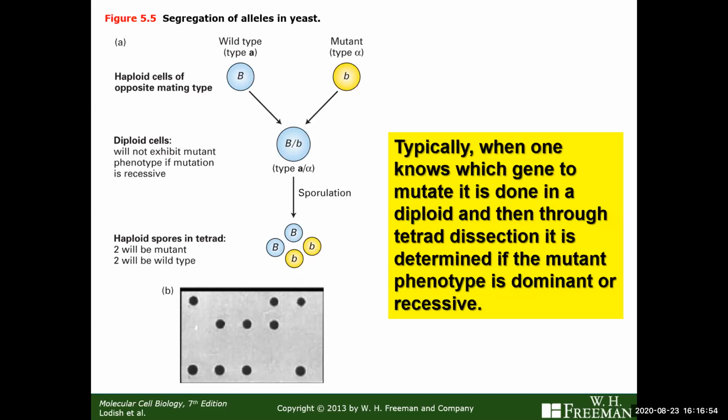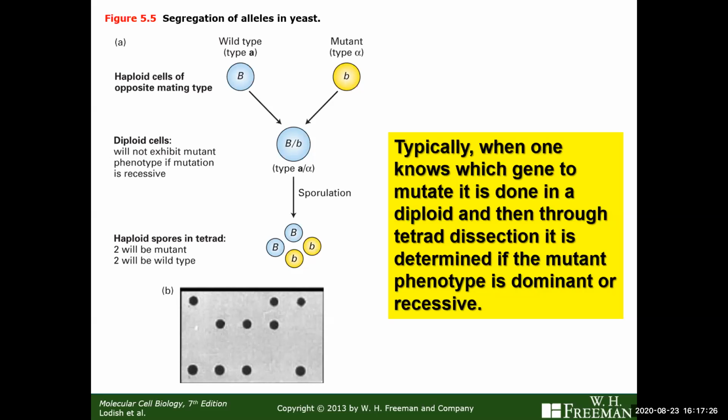Now, this 2:2 segregation in a recessive mutant is a very good indication that the mutation is in one gene and one gene alone. If the mutation was in more than one gene, then all the spores could have been affected.